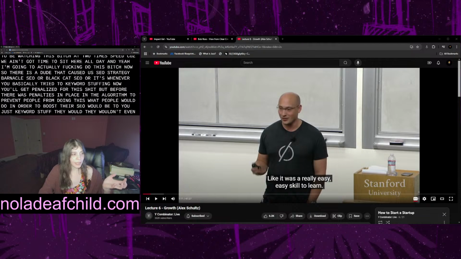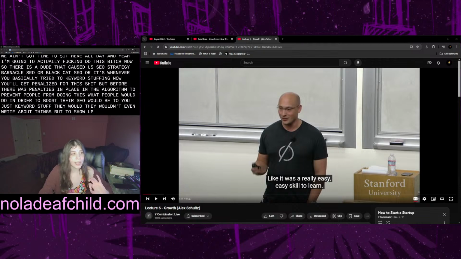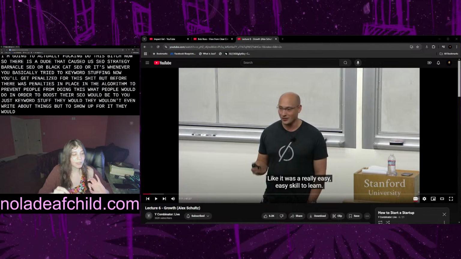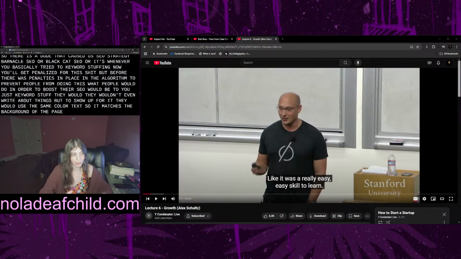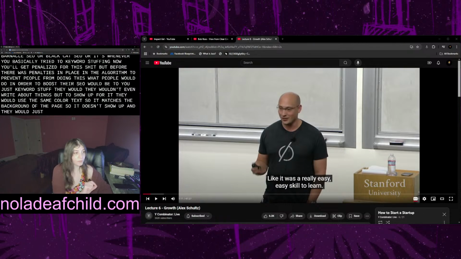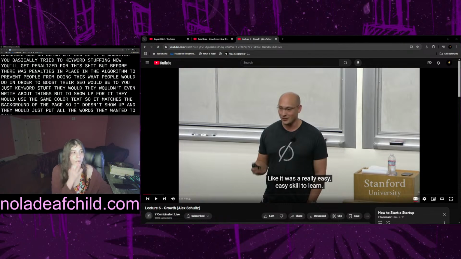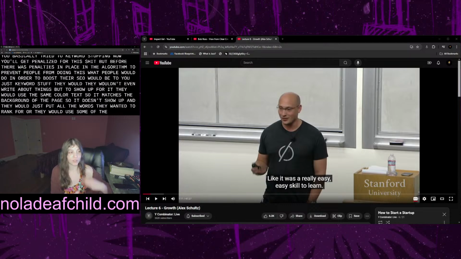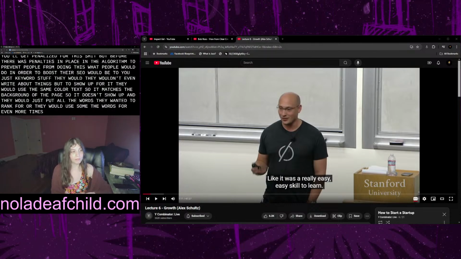They wouldn't even write about things, but to show up for it, they would use the same color text as the background of the page so it doesn't show up, and they would put all the words they wanted to rank for, or use some of those words even more times, in order to show up at the top of the algorithm.